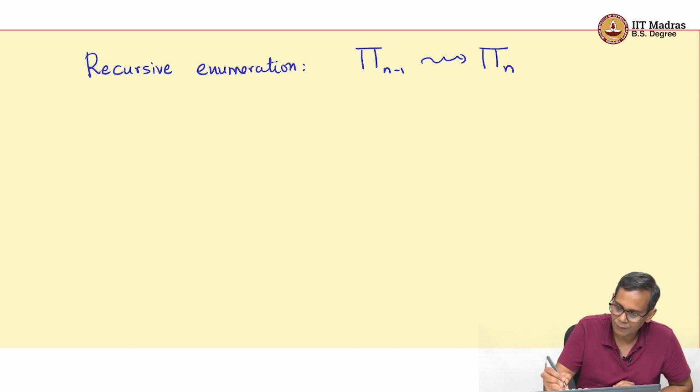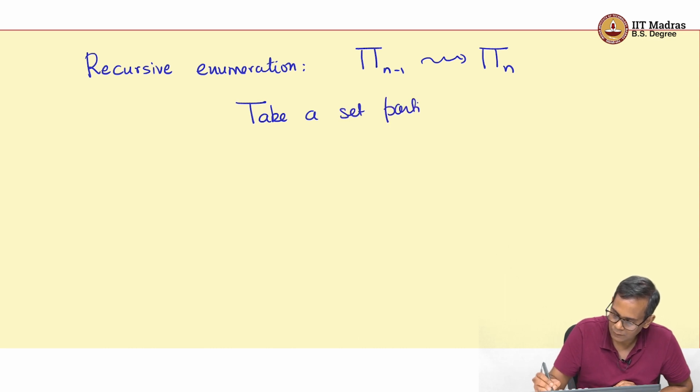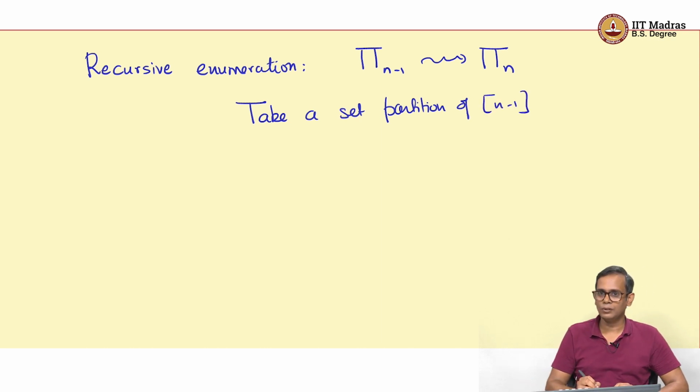So, you start by taking a set partition of n minus 1, and now you want to construct a set partition of n.